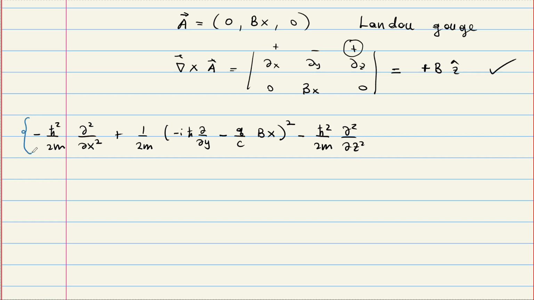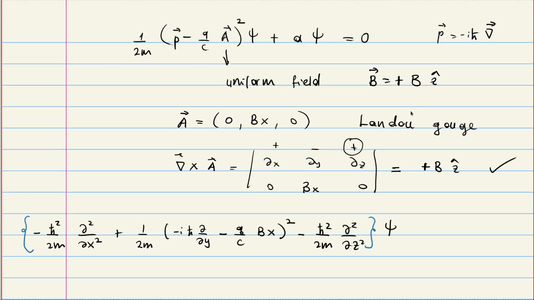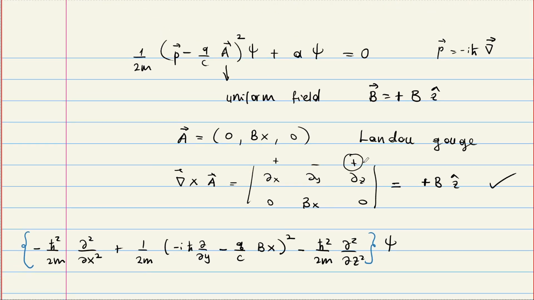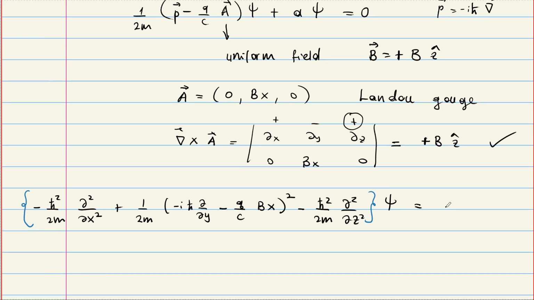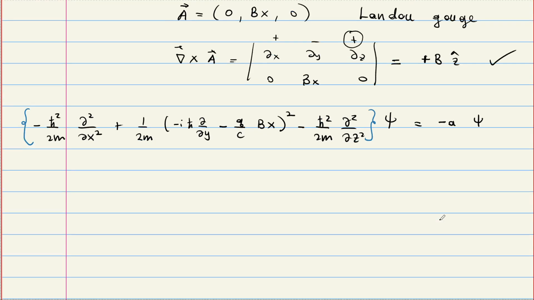So this is acting on psi, and we also have this term, this a, and I'm going to write it like minus a psi. We know inside a superconductor minus a is positive, so there is a positive quantity inside the superconductor.